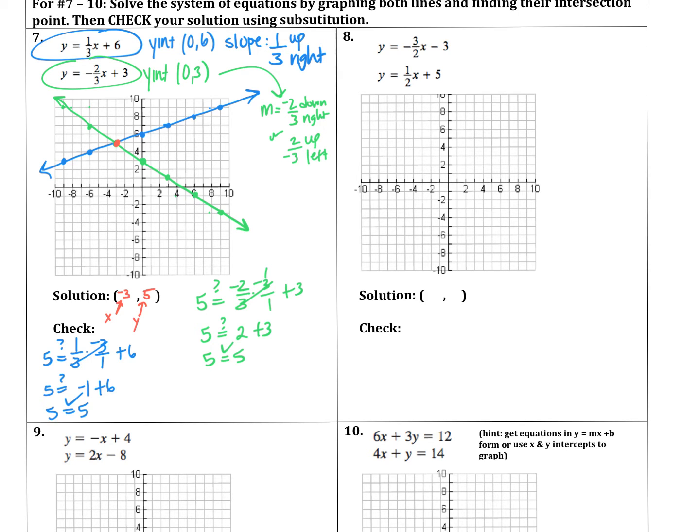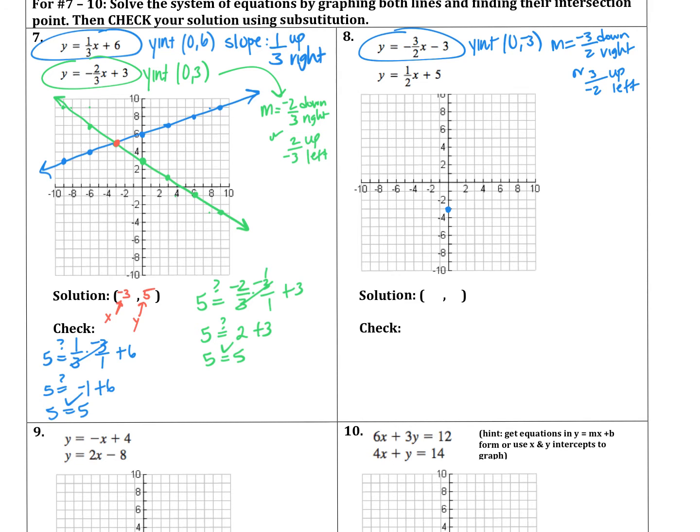Let's check this blue equation now. I've got a y-intercept of 0, -3, and a slope of -3/2. So I can go down 3, right 2. My other option is I can say 3/-2, which means up 3 and left 2. So I'm going to start at -3.